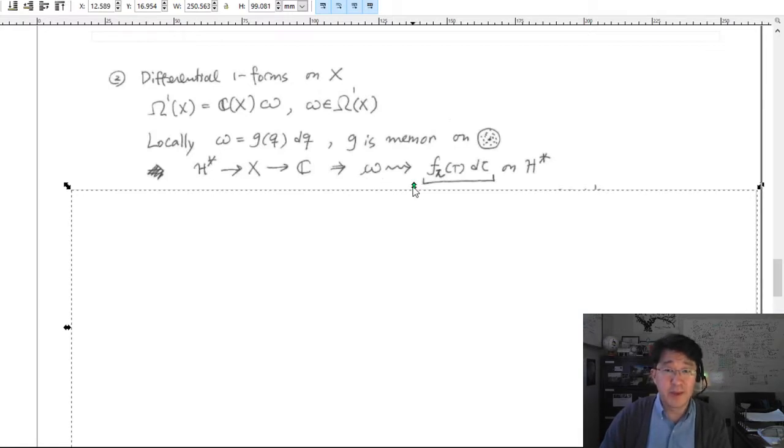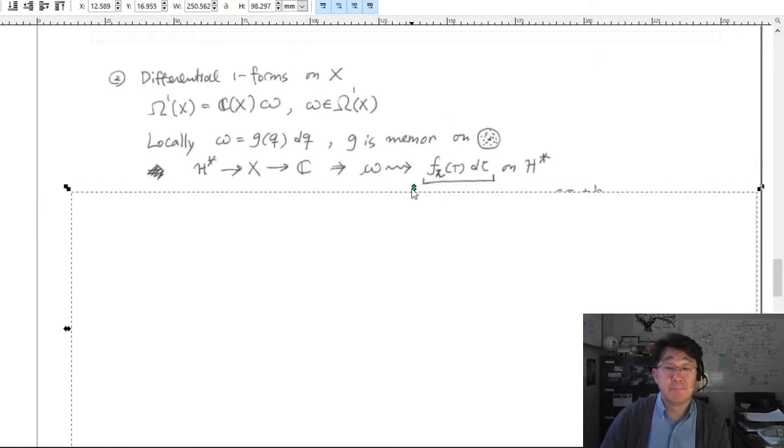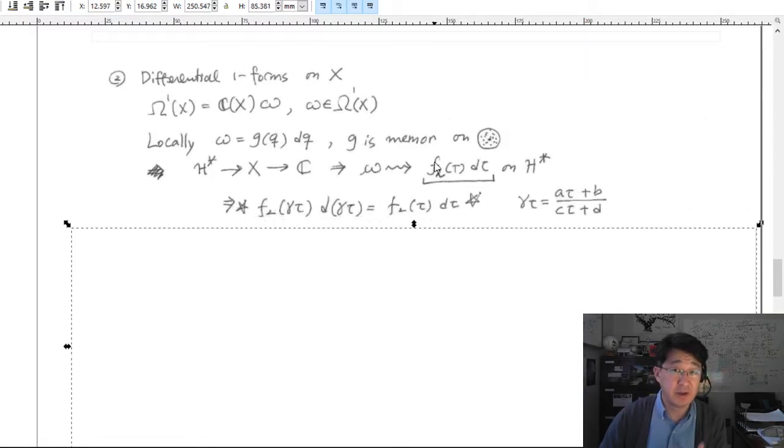It just gives you the pullback, and we think about the transformation property. Once you have that differential form on the upper half plane, it should satisfy the obvious transformation property of this d thing. So for example, because they're defining the same differential form on X, if you look at gamma tau everywhere instead of this tau, it must define the same differential form. Just like the idea of an automorphic function giving the same function value, it gives you the same differential form.